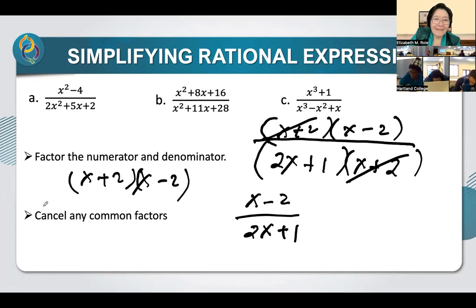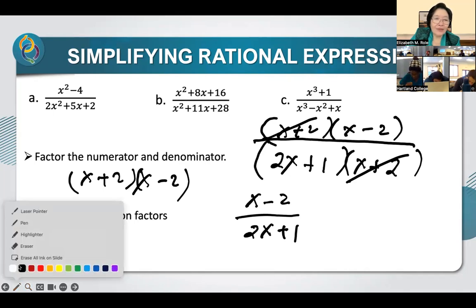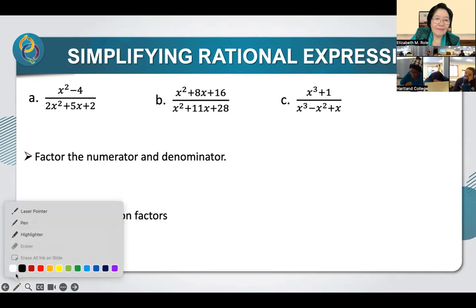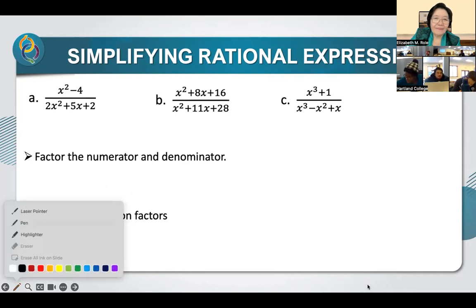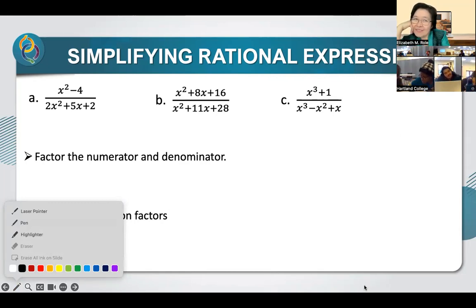Now, what kind of trinomial is the numerator for letter B? Yeah, and then you look at it. Oh, the first term is a perfect square.